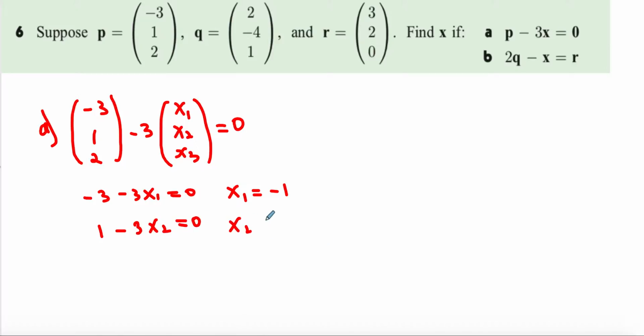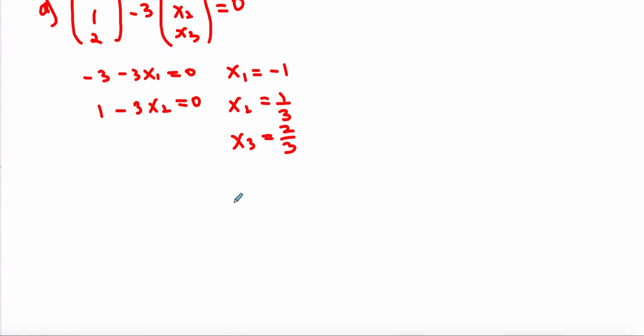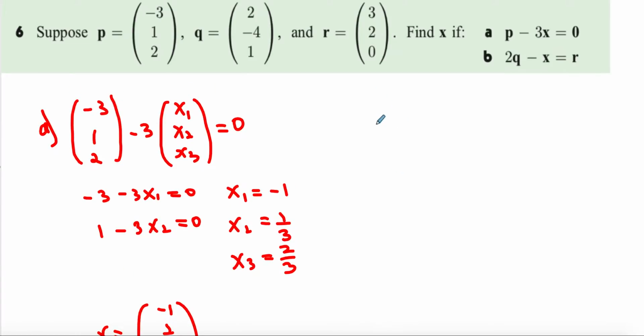That means x of 2 is equal to 1/3. Likewise, x of 3 would have been equal to 2/3. So in this case, the vector x is -1, 1/3, and 2/3. That becomes our answer. How about part B?